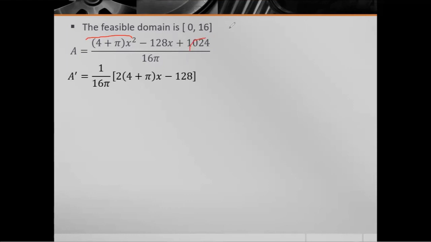Okay? So, ngayon, equate natin ngayon sa 0 para makuha natin ang critical number. So, itong part na to ay magiging 0 na to, no? So, kukuha na lang natin ay 2 times quantity 4 plus π x minus 128 equal to 0.